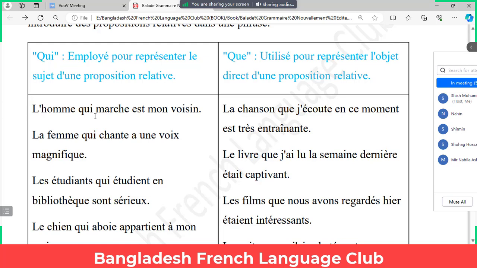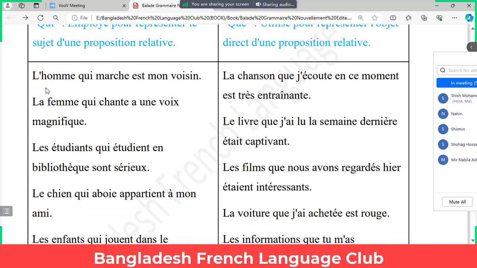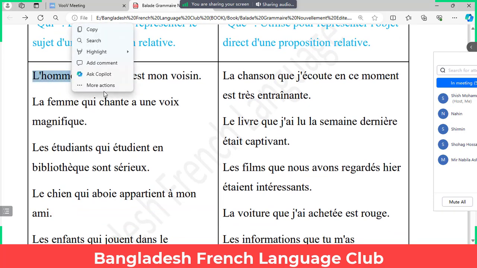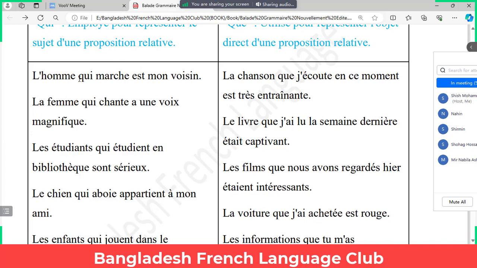Like we say who means Je othoba Jara, right? Two words are there in our language. So how do we understand it? L'homme qui marche est mon voisin. So this qui here is a relative pronoun, right?